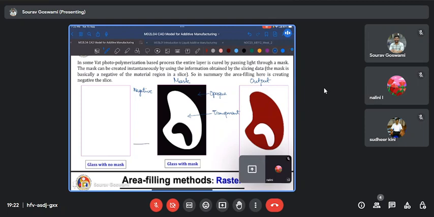And say diffraction at the interfaces, if this is my mask, so these are the opaque regions, and in the middle we have the transparent region. And when light interacts, it is not necessary for the light to pass straight through. And there will be certain diffraction effects that come into the picture, and these may distort the shape. So this distortion must be controlled suitably.